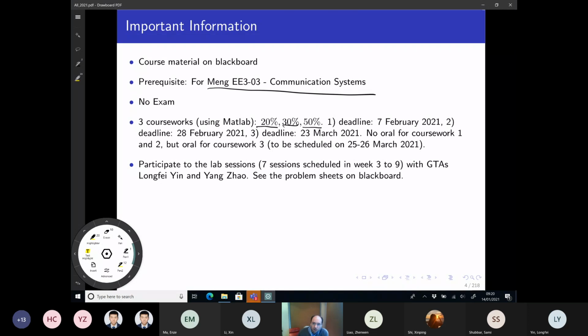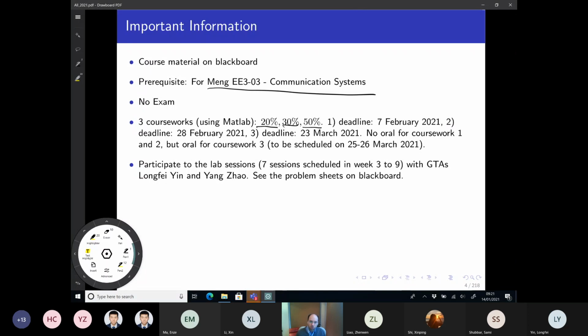Lab sessions are not marked, no. When I say lab, it's a very broad term. Essentially, you can call this class, you can call this lab. It's just a bit more interactive than the class, in the sense that you will play with MATLAB as well.